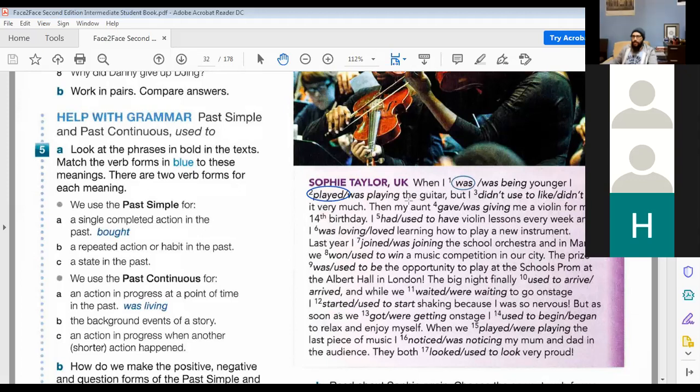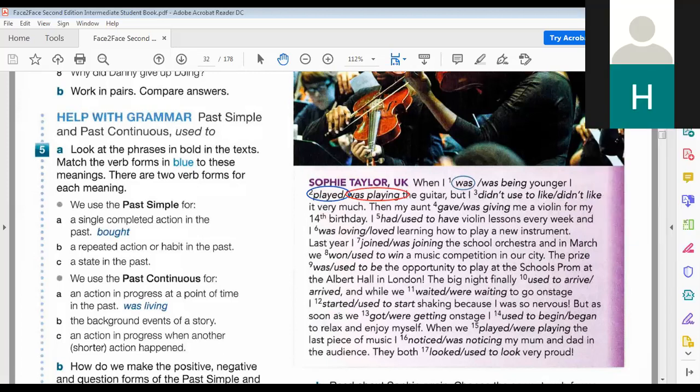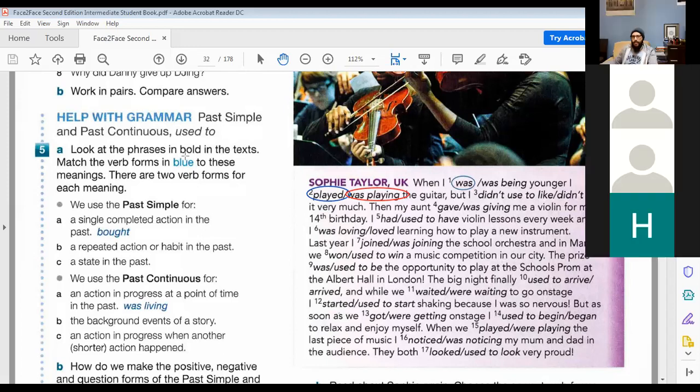So, was playing. For Sana, I'm a bit confused with this sentence. I think both of them are correct, but I think there is a repeated action or not repeated, in the past.